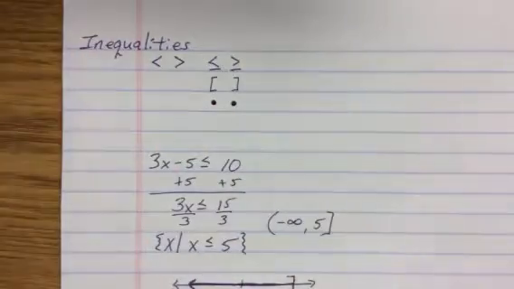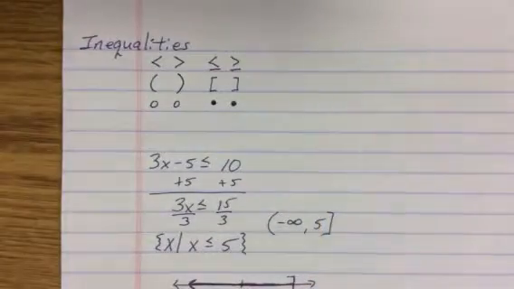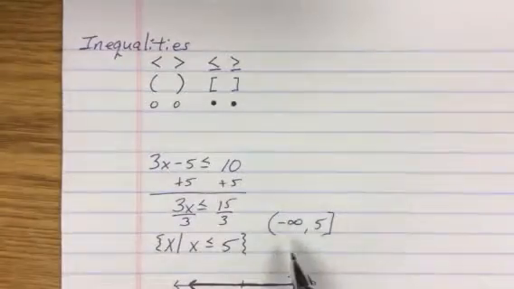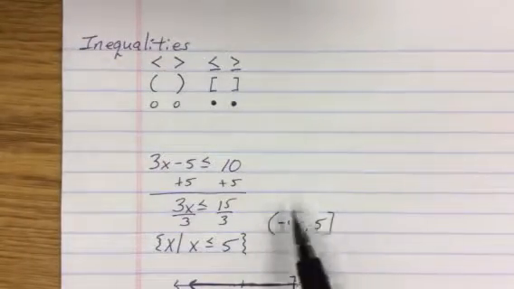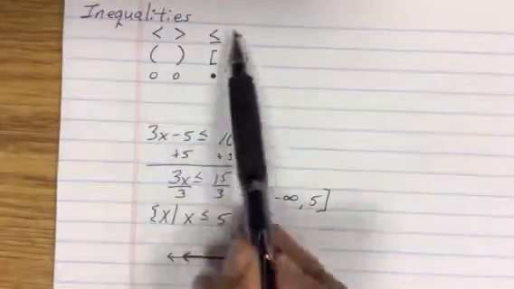Again, different ways. If there is no equals, I get a rounded or a parenthesis and open dots. Okay? This part also goes the same with this. So, more than one way, but this is the biggie.